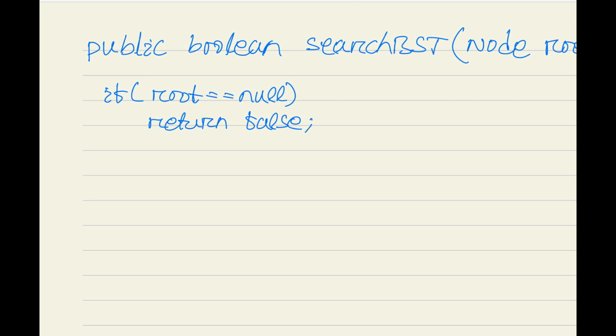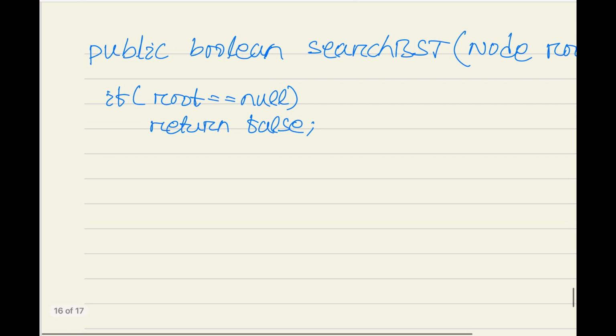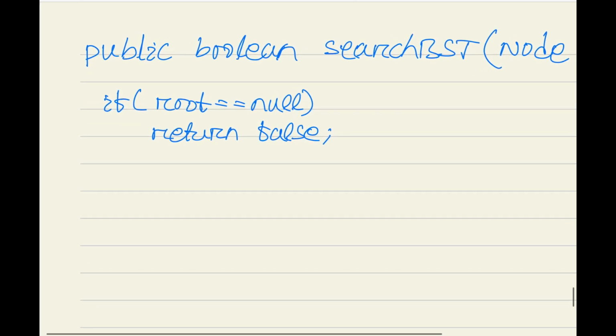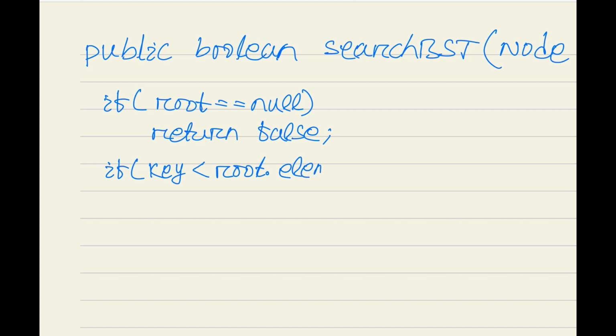If root is referring to a null value, then the tree does not exist, so the element is not present. Now if the key value is less than root dot element, then we are going to search in the left subtree.